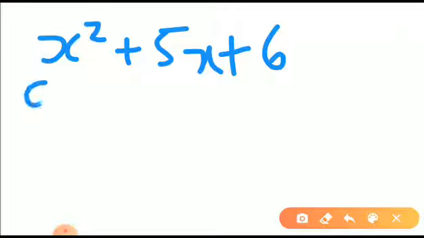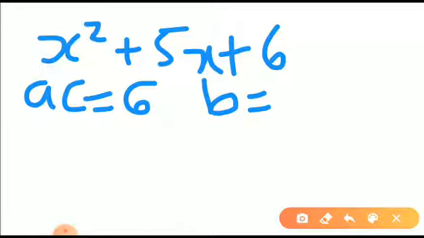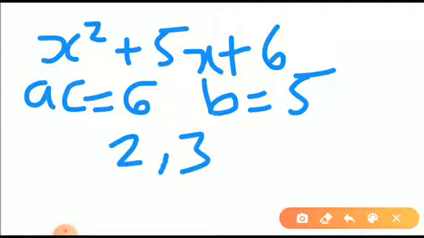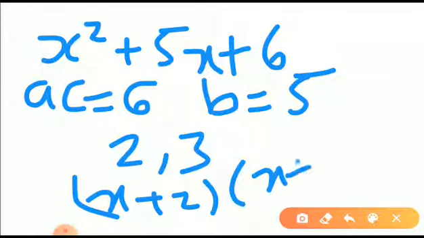Product here, AC, that is coefficient of x square into constant, is 6. Then the sum, that is coefficient of x, equals 5. So the numbers which satisfy this property, that is their product is 6 and sum is 5, are 2 and 3. So I have got the factors x plus 2 and x plus 3.